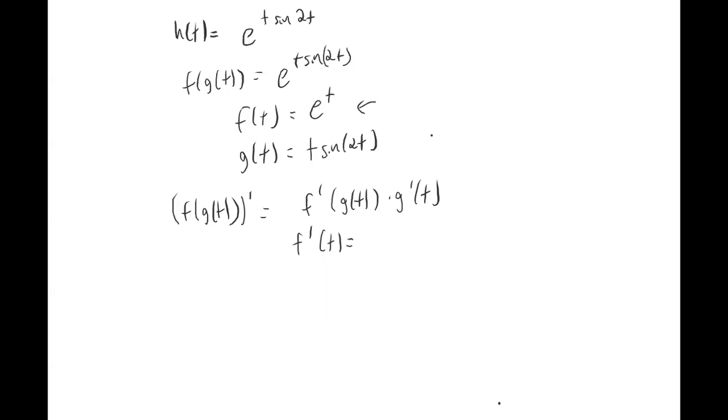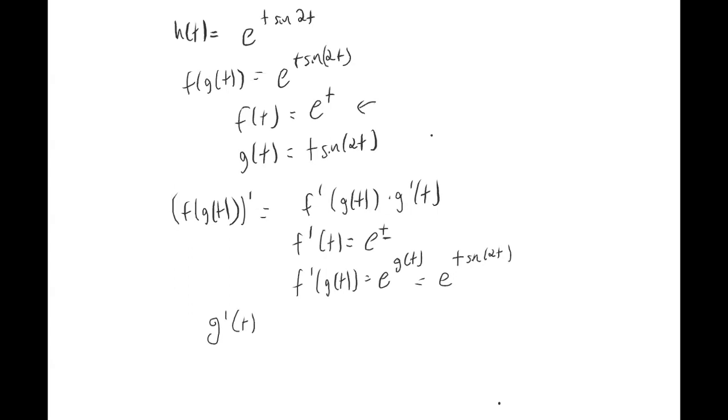Nothing changes. Now I'm plugging in g of t for t, so it's e to the g of t, which is e to the t sine of 2t. So that part's easy. Now, here comes the harder part.